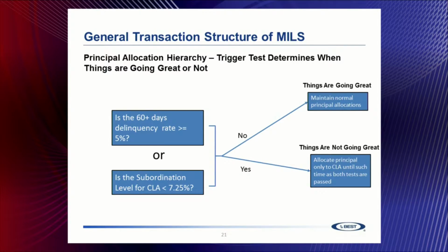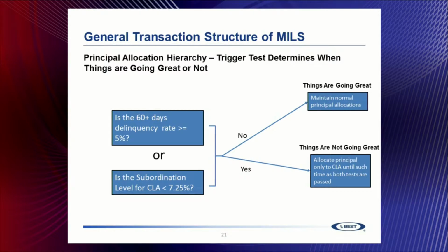So what do we mean by when things are going great or not so great? Well, when things are going great, it means that the 60-plus days delinquency rate is less than 5%, and the subordination level for coverage level A is greater than or equal to 7.25%. And this means that the allocation of principal goes the way we described. That is, the coverage level A and RCL get a pro-rata share of principal.